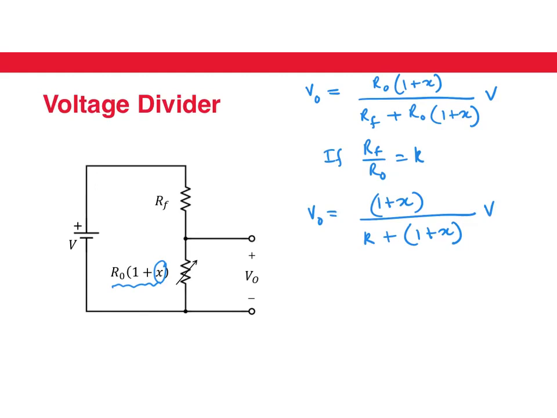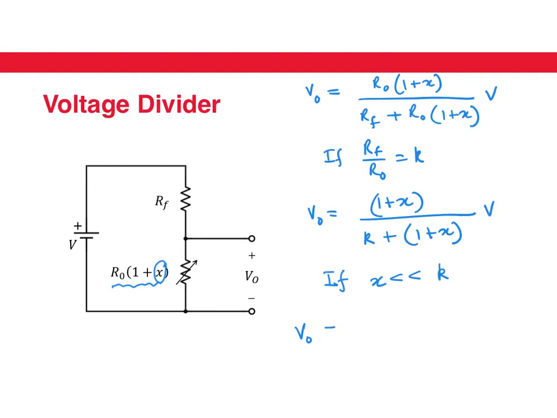Okay, having done this, maybe what we can also do is make some assumptions. If we assume that X, our fractional change in resistance, is much less than K, we can write V output in this form.